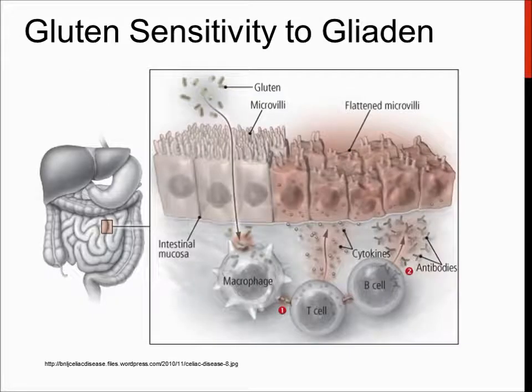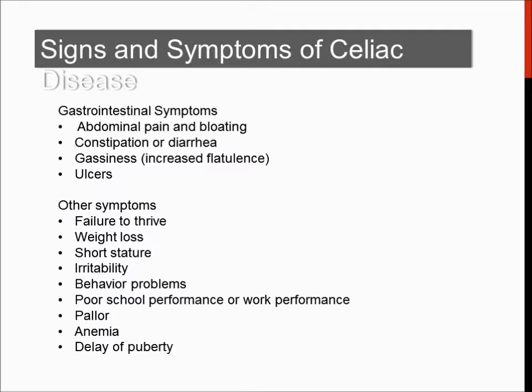As you can see from this illustration, the gluten, or the gliadin, is absorbed through the intestinal mucosa and taken up by the macrophages. The T cells and the B cells respond, and what ends up happening is the microvilli, which are responsible for absorbing all the nutrients that we eat, undergo massive tissue damage and are destroyed in the process.